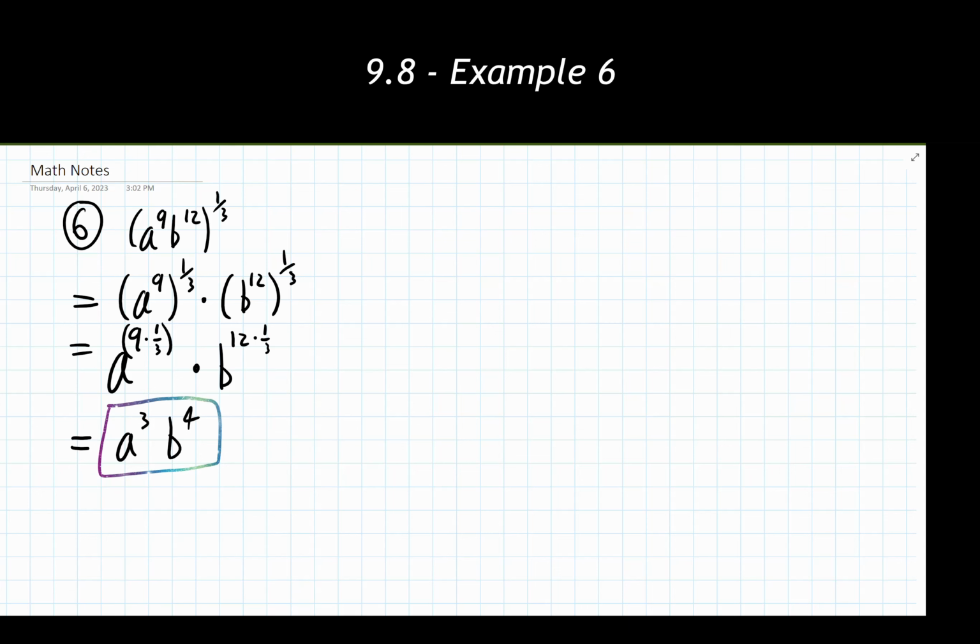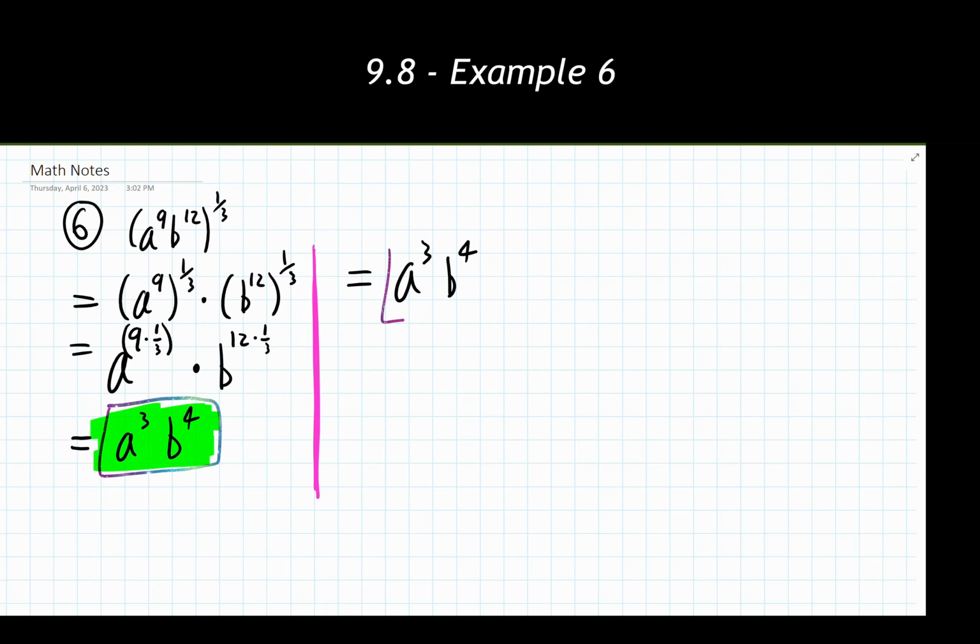So this is one way you can go through and write this out for yourself. Again, if you have a product raised to a power. I'll also show just a parallel with this as another option as well. If you're looking at this and you're noticing, well, hold on, this is going to effectively multiply to 9 and multiply to the 12, then I can just jump right to a to the 3rd power times b to the 4th power, and we don't have to do all of these intermediate steps as necessary.